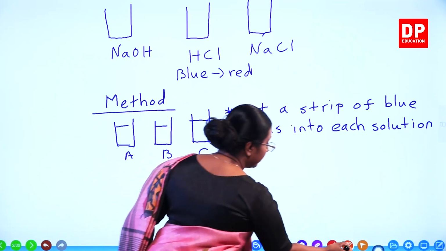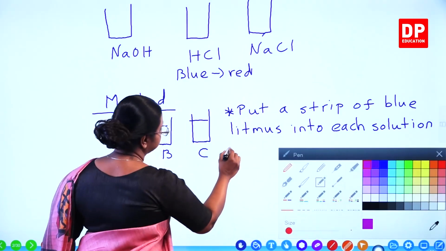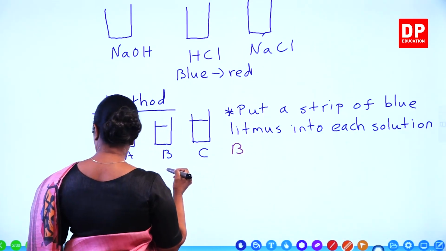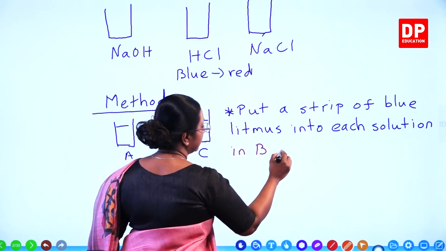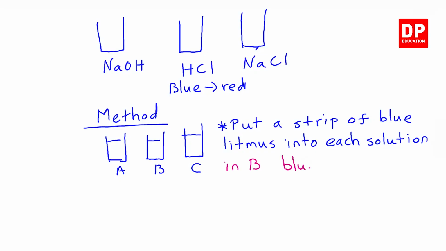So let's say in B, the blue litmus becomes red and A and C remain blue.